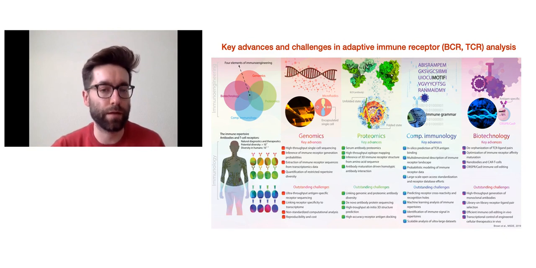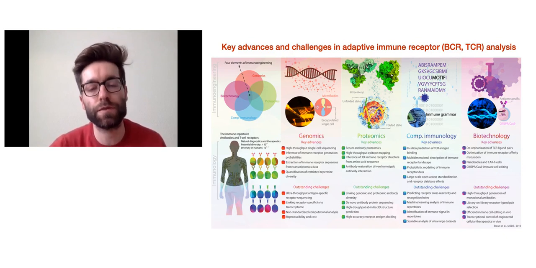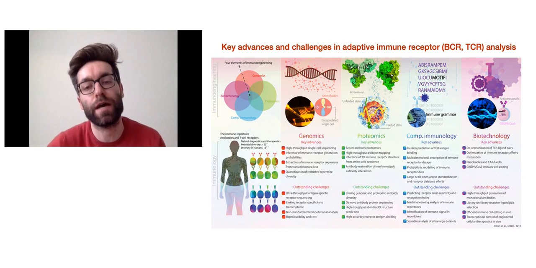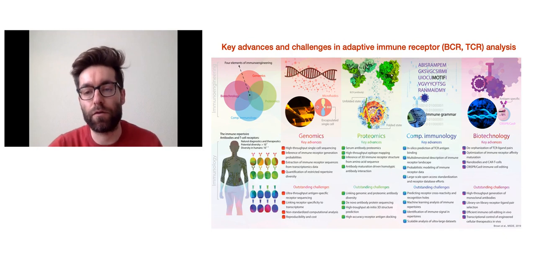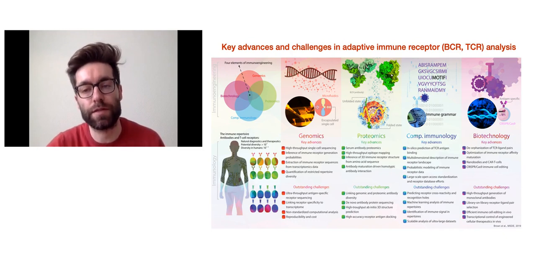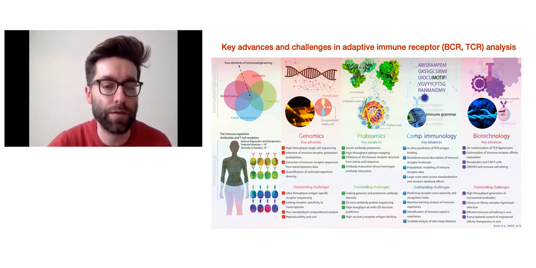We can now high-throughput sequence immune receptor repertoires. We can look at the serum antibody repertoire. We can, to a certain extent, predict antigen binding. And we have also established, to some extent, CRISPR-Cas immune cell editing.